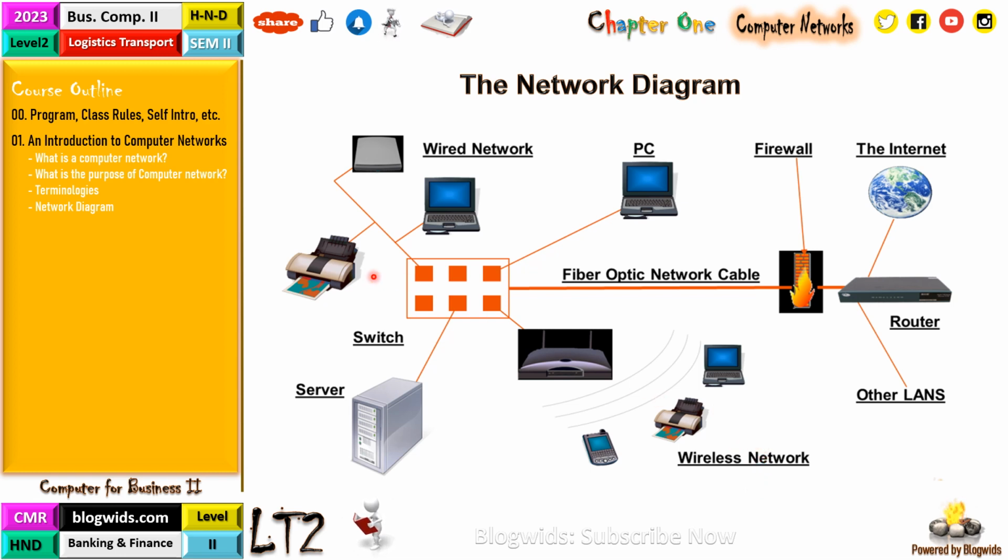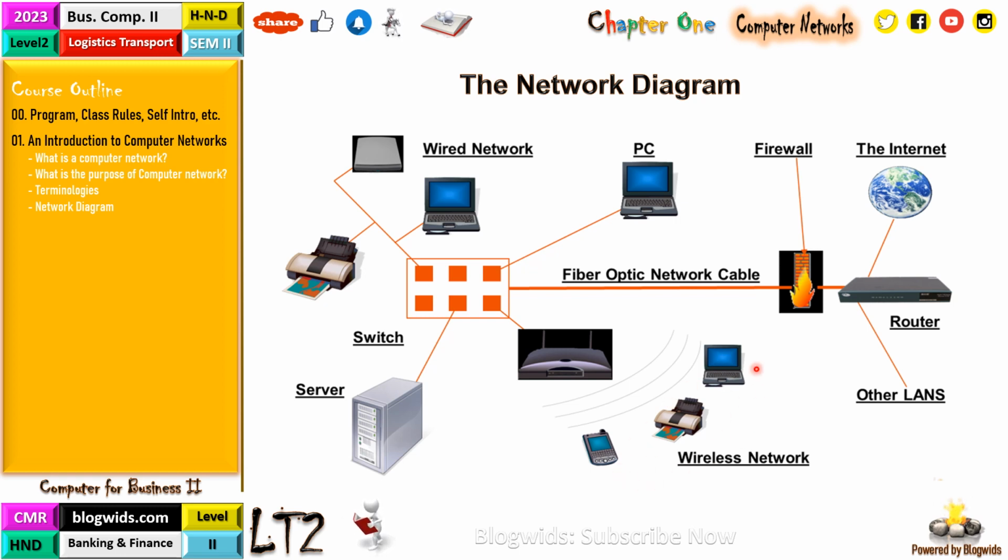So if this printer is connected to a network, then I can print from this computer directly without connecting any cable. That's why the printer is here twice, and that's why this desktop or laptop is here twice, okay? So here we're looking at the wireless connection. Equally, your phones, you can use your phone to print, send documents, all of that through wireless. That's why these ones appear twice.